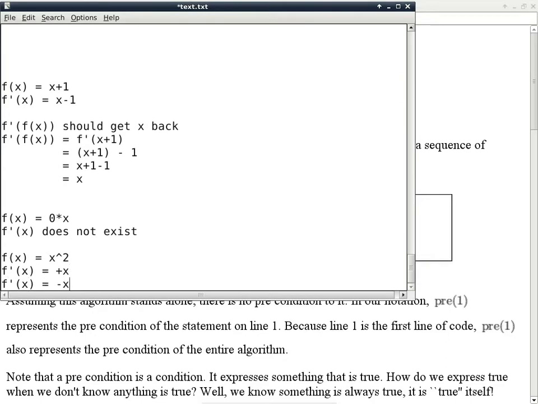It can also be negative x. So in this case, it splits the path into 2. Now, if this is actually in your algorithm, you only know the result of the square. Now you have to say, okay, before this step, x can be this value, or it can be this value, because both can lead to the same outcome, the same result. Are we still doing okay so far with the concept of function versus inverse function?